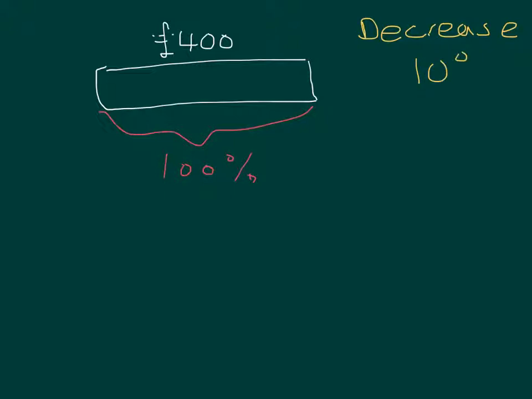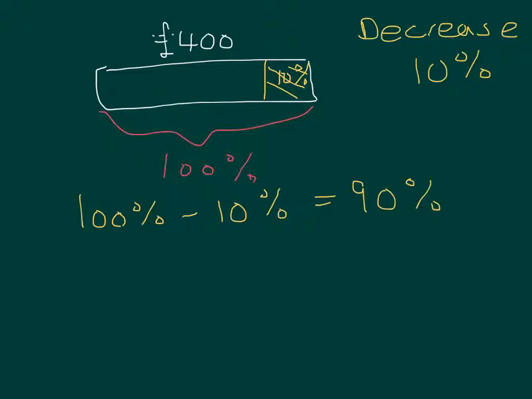Well, that's my 10% and I don't want that. I want to take that off. Well, if I take 10% off 100%, subtract 10%, that gives me 90%. So I'm left with 90% here.